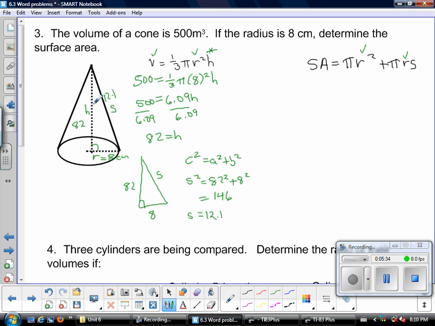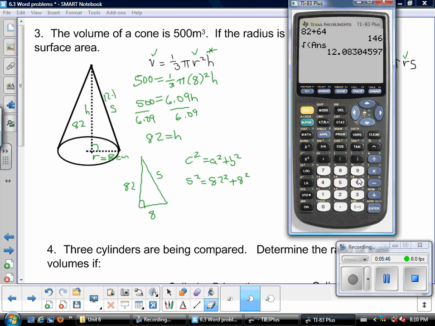And that does not seem correct because I didn't do 82 squared. So back up a second. I'm sure you didn't have that copied down, or maybe you did. I just did 82.